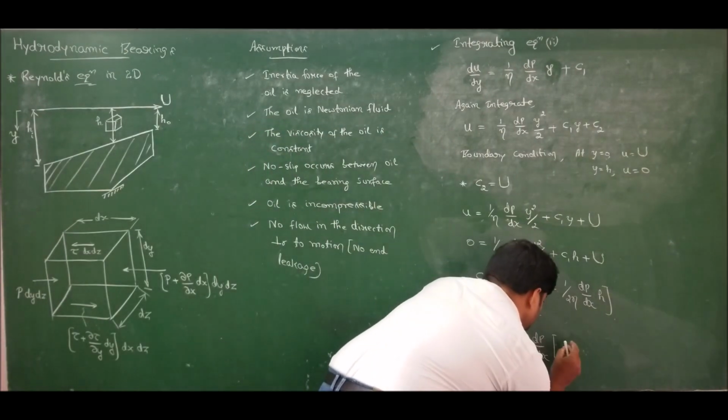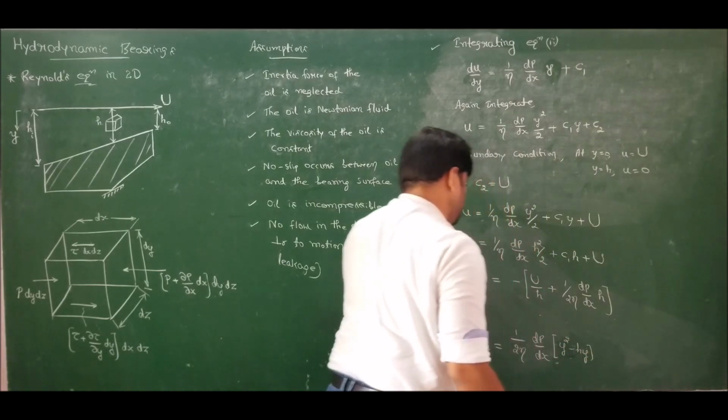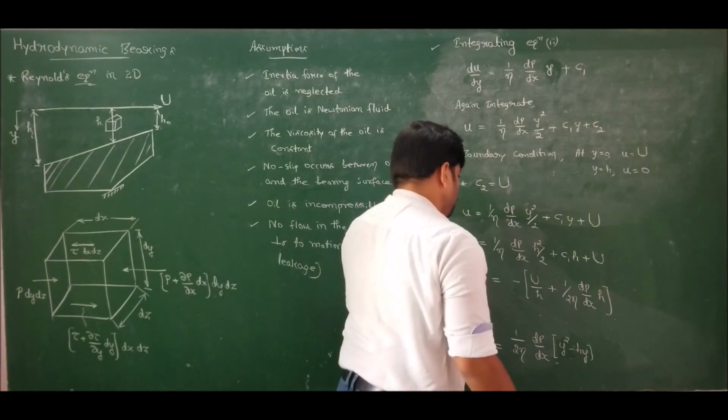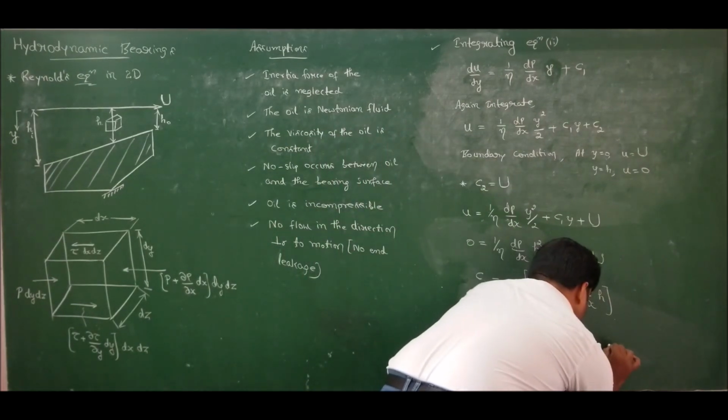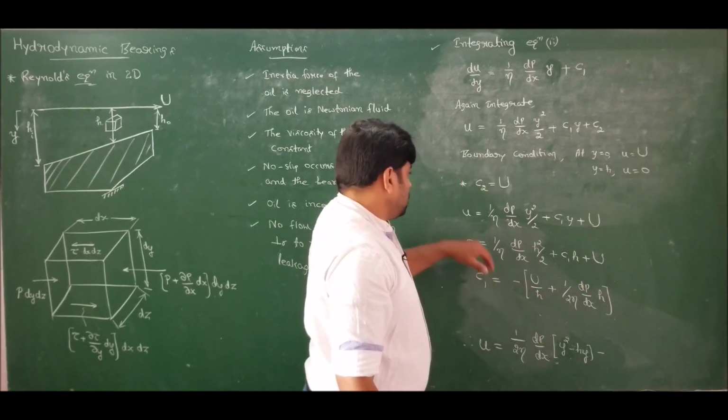So I get y square minus hy. Minus, I will take U common.